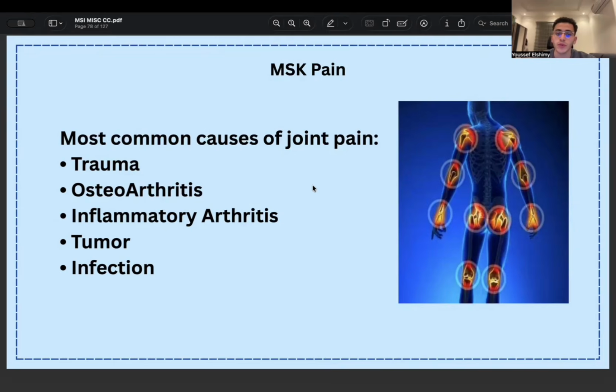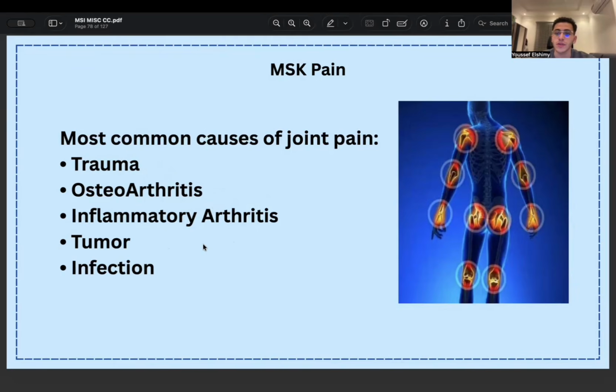So it's very important to take history and do physical examination to reach the underlying cause of the joint pain. For example, in trauma, it would be a sudden, acute trauma that led to the joint pain. Arthritis, for example, comes with age, it's wear and tear. Inflammatory arthritis has a lot of systemic conditions that affect not only the joints but the whole body.